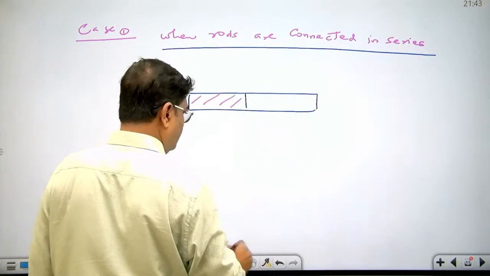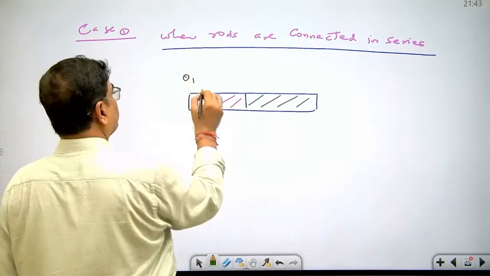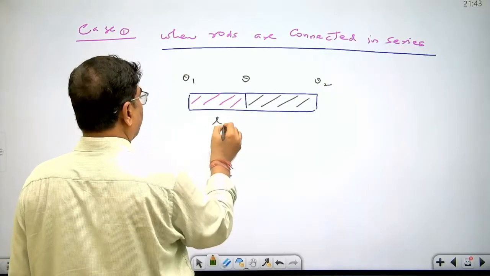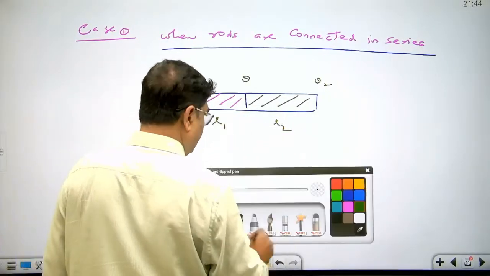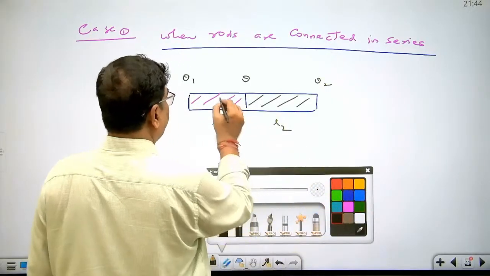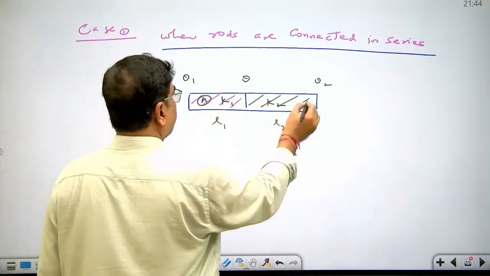This is one rod, this is another rod. Here is temperature theta 1, here is temperature theta 2, and theta is the junction temperature. Its length is L1, the other length is L2. Coefficient of thermal conductivity here is K1, here is K2, and cross section area is the same, A and A.